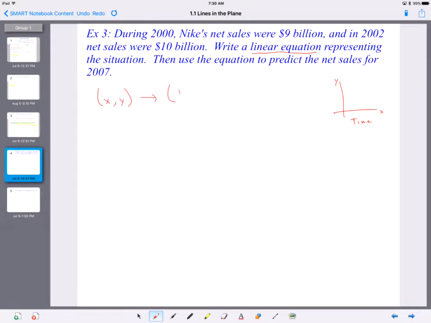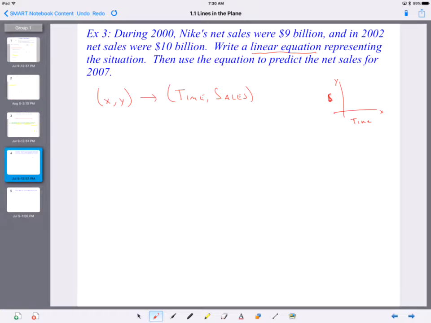So we know time in years is going to be our x value, and then the cost or the profit of the sales is going to be the dependent variable. That to me is very important. If you don't figure that out first, then the rest of it, maybe you get right, but you're definitely going to be confused as to what's going on.